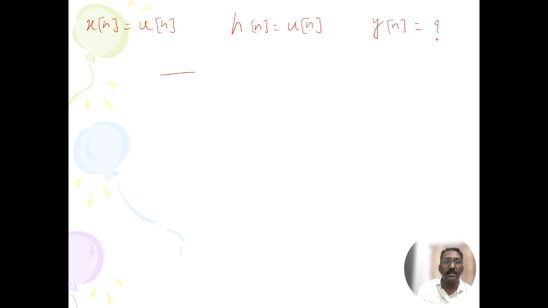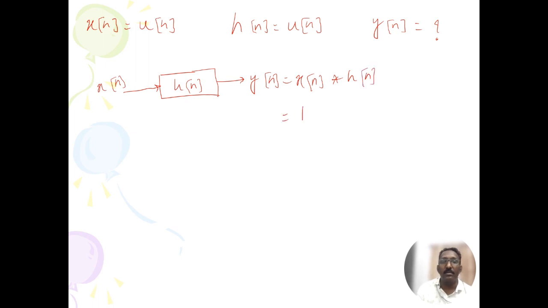Consider an LTI system. The impulse response is h of n, and the input to this LTI system is x of n, and the corresponding output is y of n. Y of n is nothing but x of n convolved with h of n. This convolution is commutative. We can have x of n convolution h of n or h of n convolution x of n, both are the same.